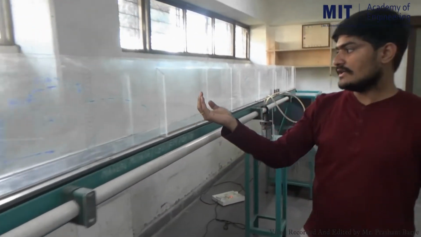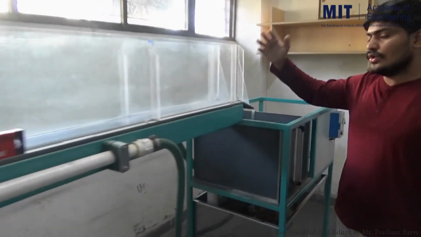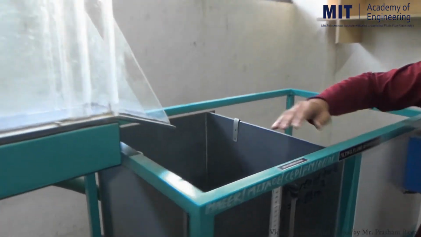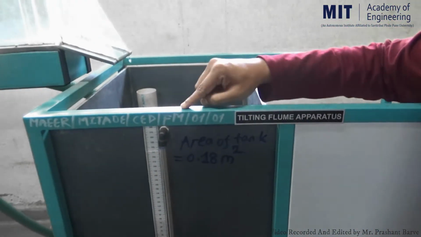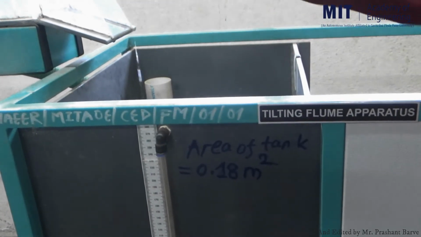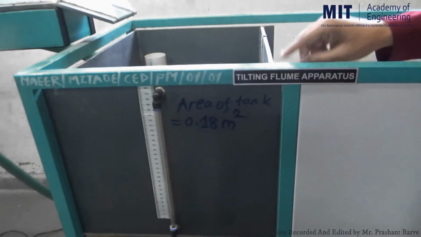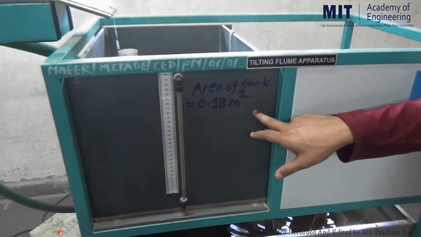This is the construction, and after it flows over the total length, there is the measuring tank. We are going to use this measuring tank to determine the actual discharge flowing through this channel section. The area of the tank is given, that is 0.18 square meter.